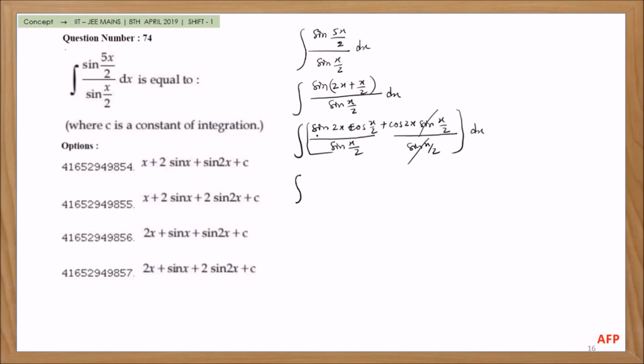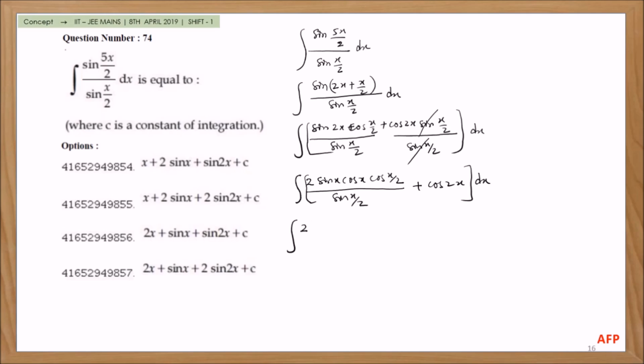So what can we write? We can write it as integration of 2 times sin x cos(x/2) whole divided by sin(x/2), plus cos 2x, dx.